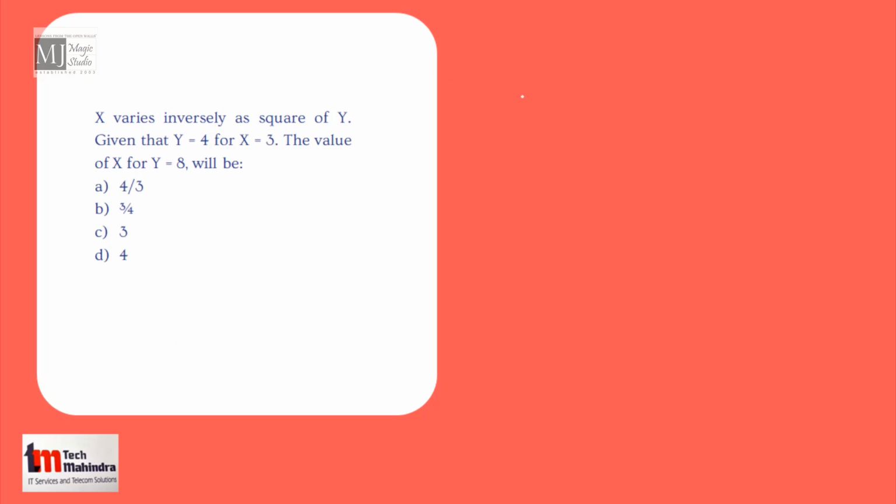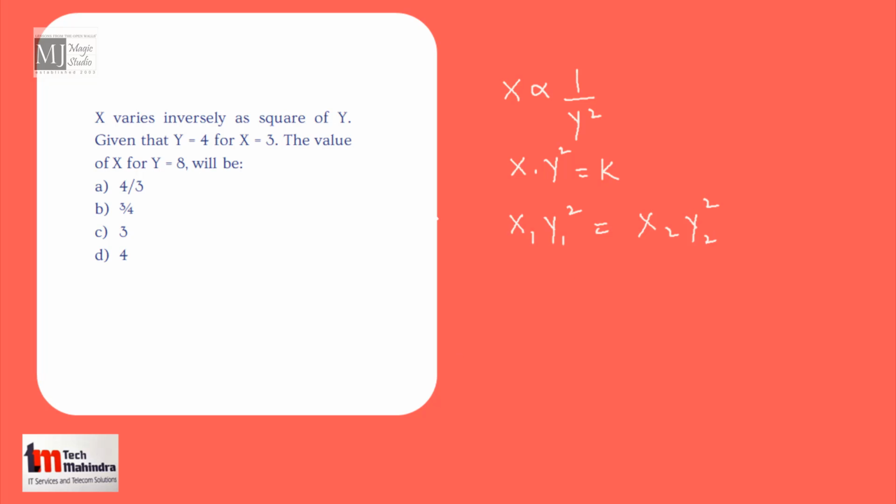X varies inversely as square of y. That means x varies as 1 upon y square, and nothing else is given and no more variables are there. So I can say x into y square is constant, or x1 y1 square equals x2 y2 square. Now what next?